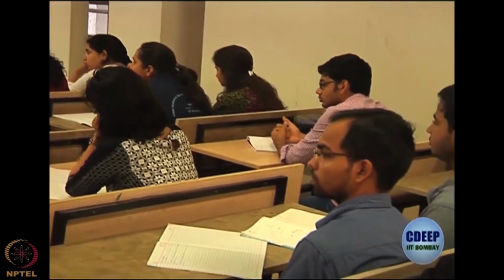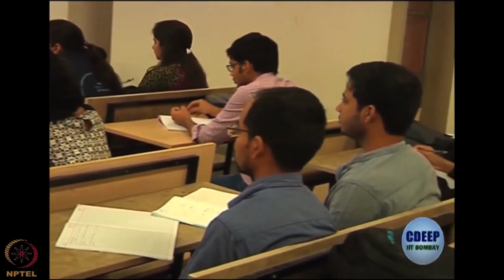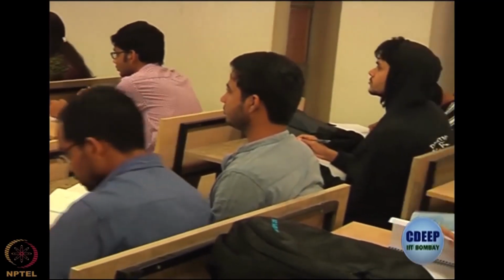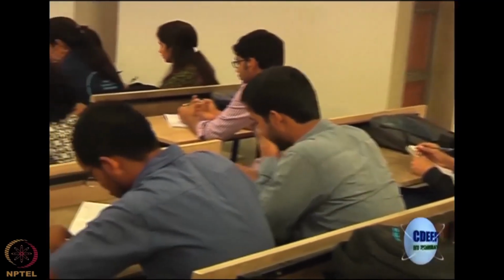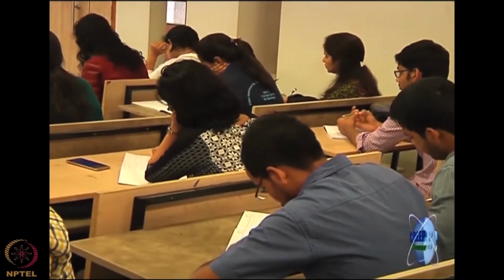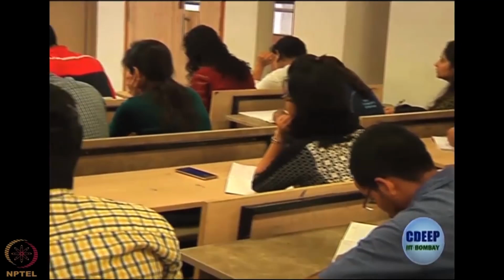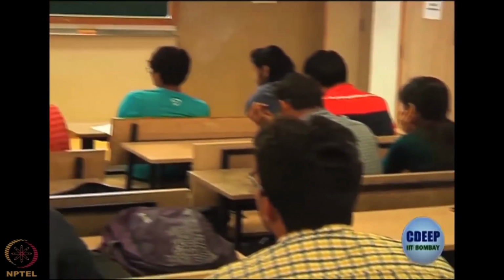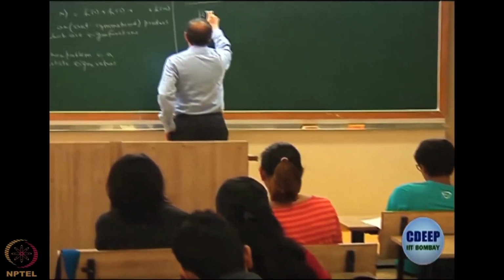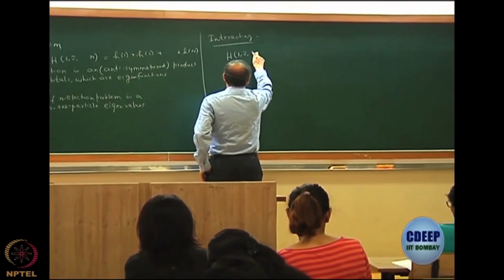So, let us look at the interacting problem now. We actually discussed it last time. We have an interacting many particle problem where the Hamiltonian has a form of this kind.